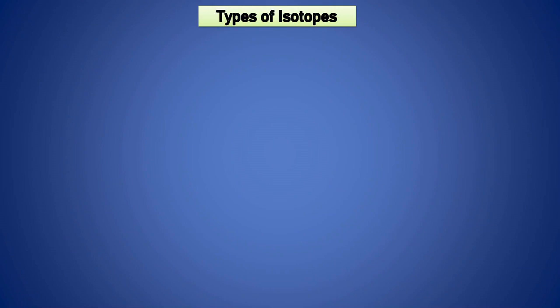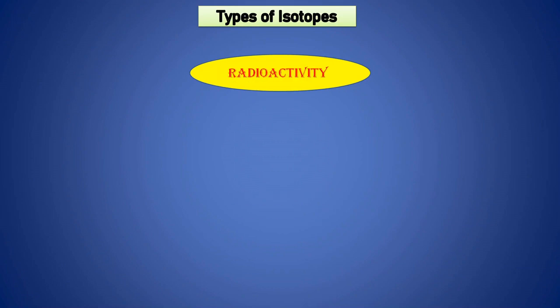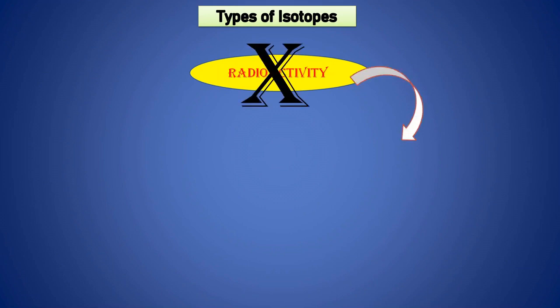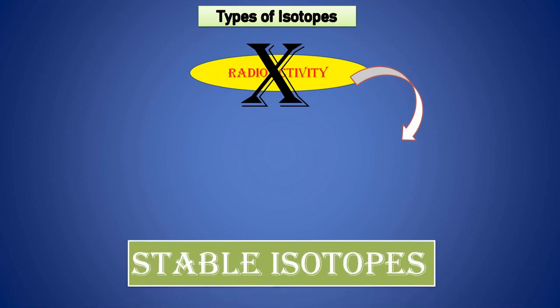Next, types of isotopes. Based on whether they exhibit radioactivity or not, isotopes are categorized into 2 types: stable isotopes and unstable isotopes. If an isotope doesn't exhibit radioactivity, it is called a stable isotope.